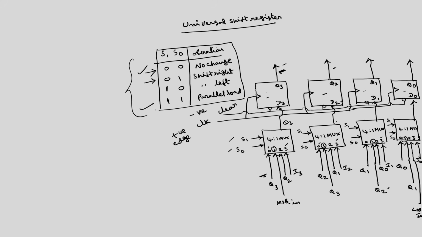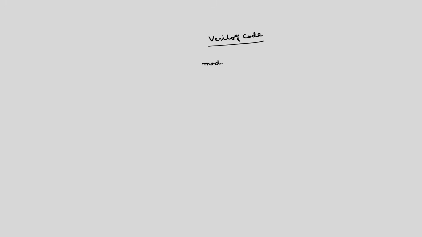Now, how to write the Verilog code corresponding to this universal shift register. Module universal shift register. What are the inputs and outputs?